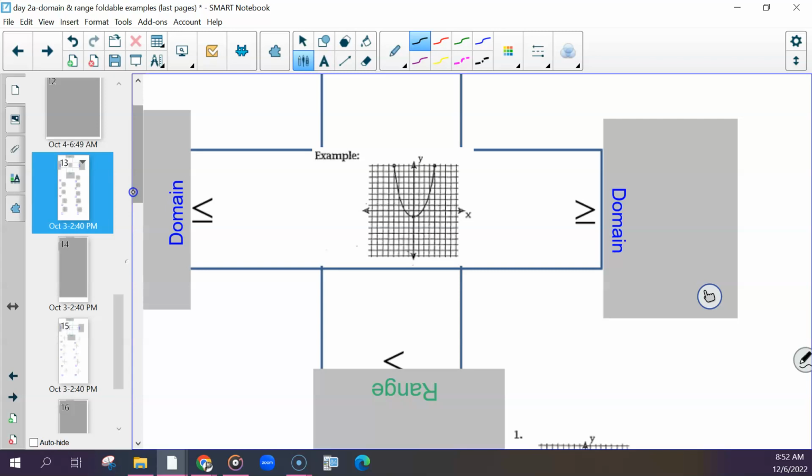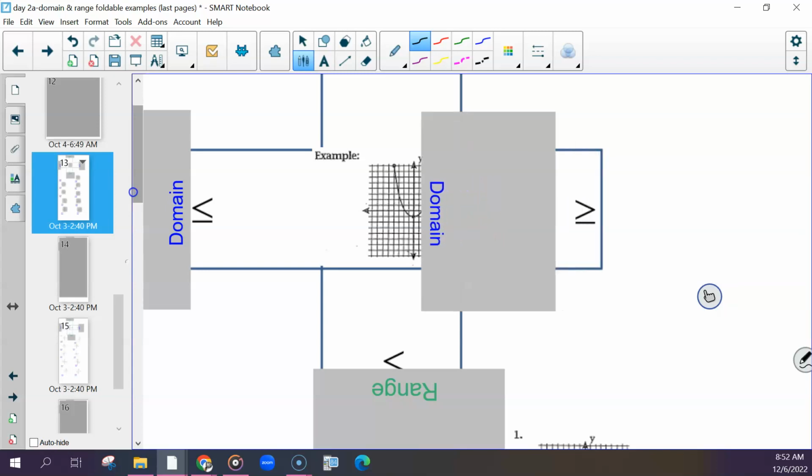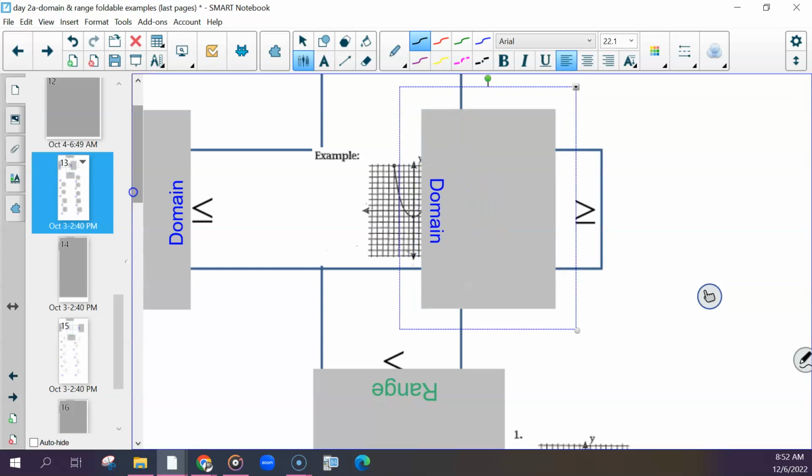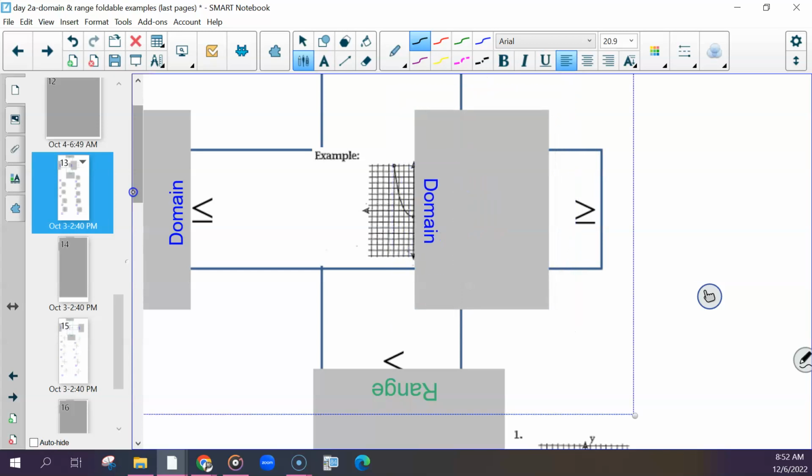So fold one side to your y-axis. Fold the right side to your y-axis. So look like that. I can do this up here, but it won't look exactly like yours. So your right side, fold it to your y-axis.